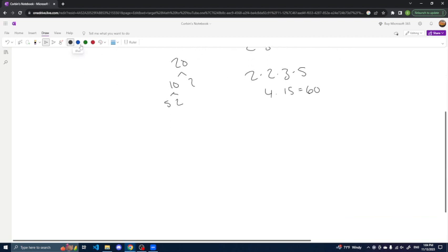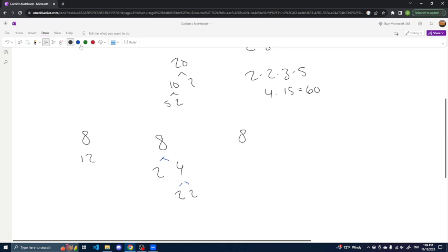So let me go ahead and try to show you that in another way as well. Let's do 8 and 12. So 8 has a prime factorization here of 2 and 4, which is broken down into 2 and 2. So here we have 2 times 2 times 2.